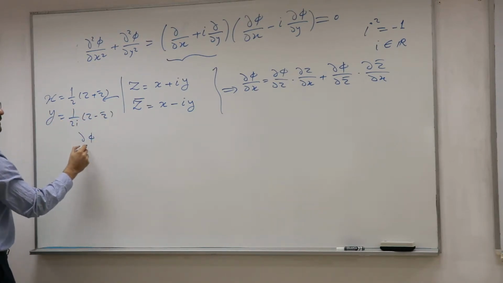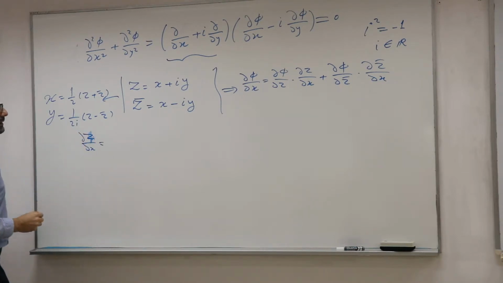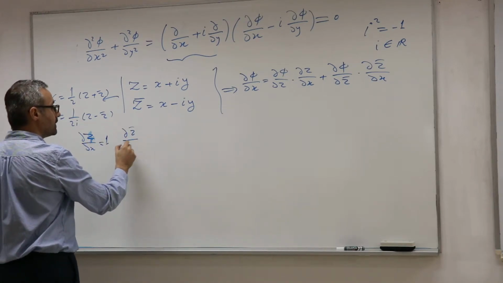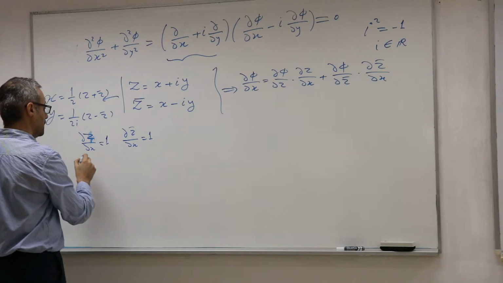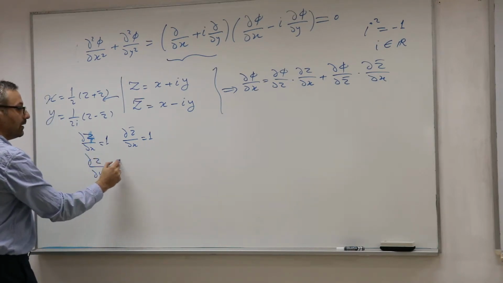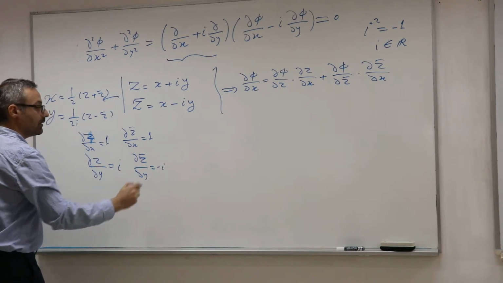So partial z with respect to x will be 1. Partial z bar with respect to x will be 1. Partial z with respect to y will be i. Partial z bar with respect to y will be minus i.